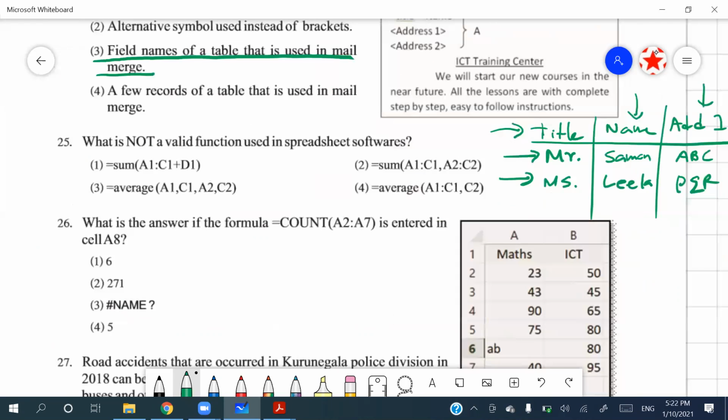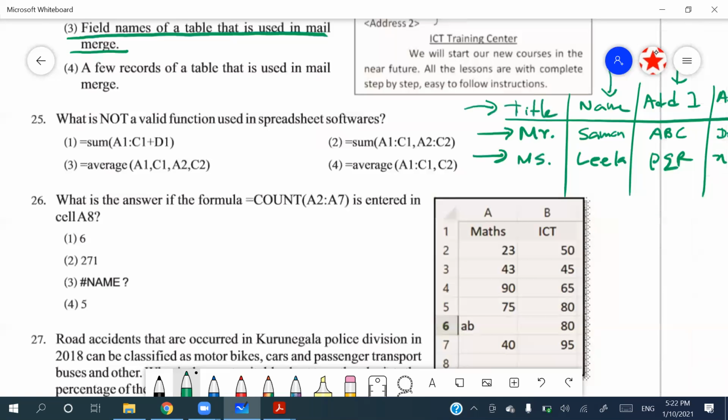So moving forward, what is not a valid function used in spreadsheet software? Yeah. A valid function should have a name starting with an equal sign. Then inside it, you have to use either a range or cell addresses separated by commas.